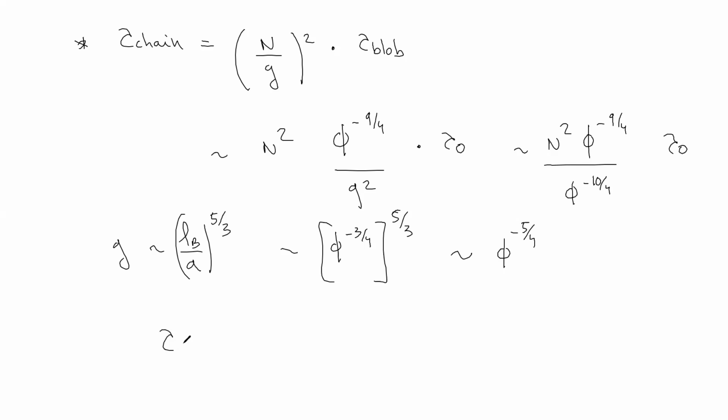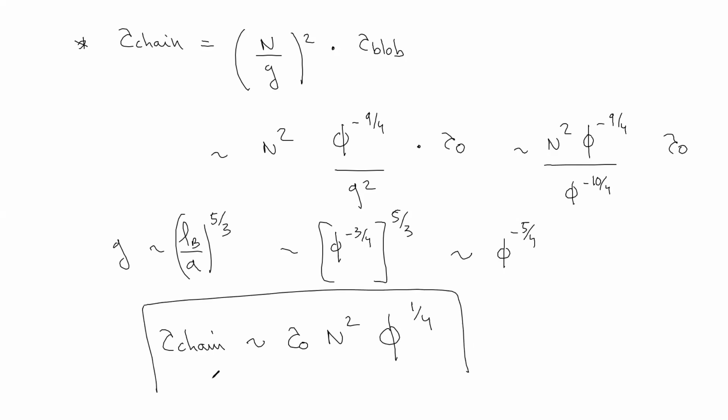So at the end of the day, tau chain is, well, tau naught, that's interesting, n squared, that's also interesting, and then there is a correction depending on density, which is 1/4. And that's the final result.